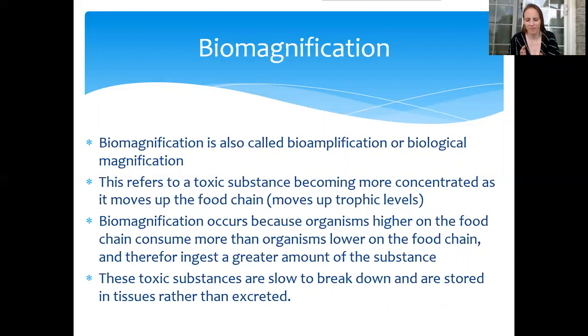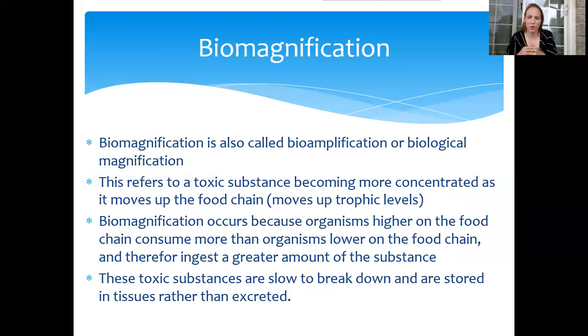So if a rabbit has 10 grams of toxin in its tissue, well, then the wolf is going to have to eat like, I don't know, 5 rabbits. And so it ends up with 50 grams of toxin in its tissues.